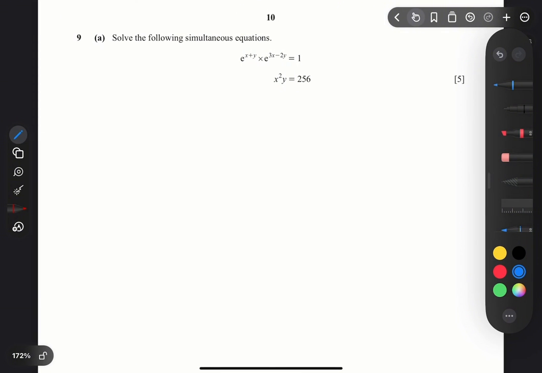So question 9. Solve the following simultaneous equation. You can rewrite this, and this would be your first one.